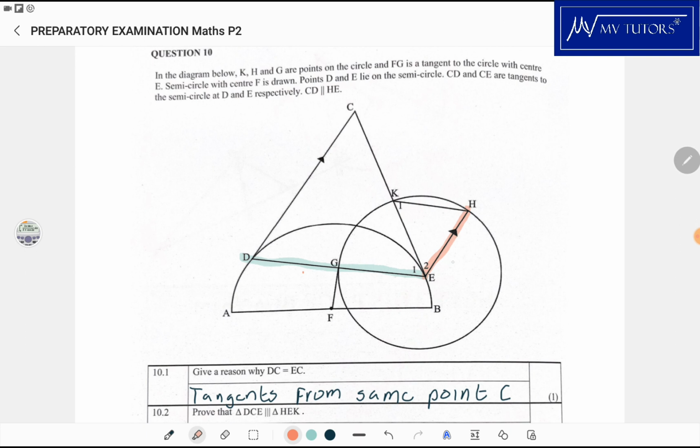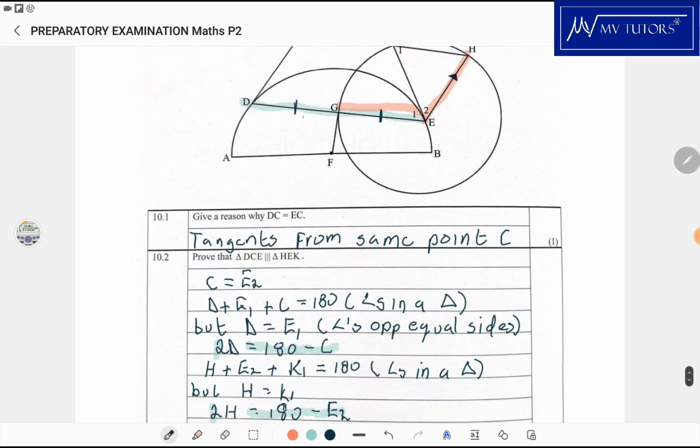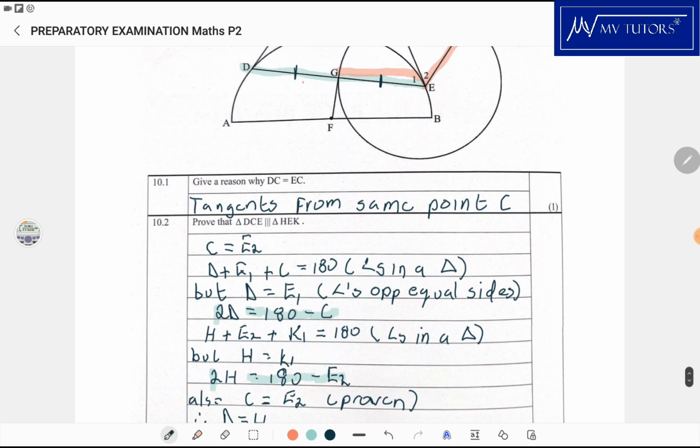Well, I can actually see that HE is also equal to GE, which means GE is equal to EH, and also DE is twice GE, because remember we said it in the previous question, that this is equal to that. That's why they were asking us that question. DG is equal to GE. So DE is twice GE.